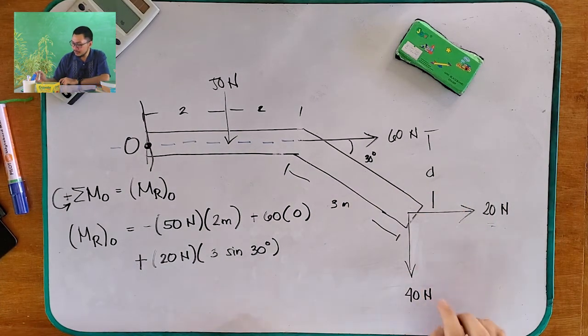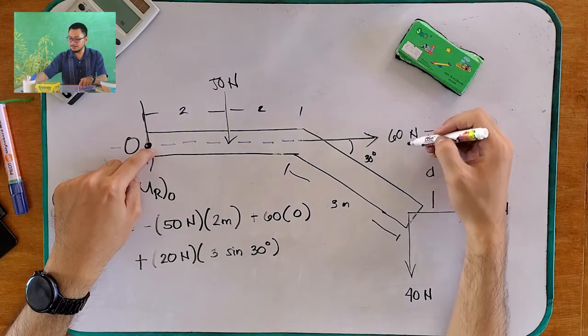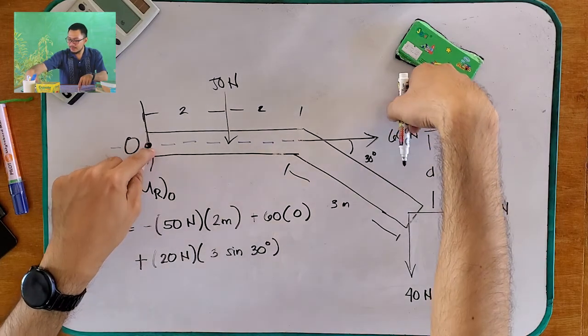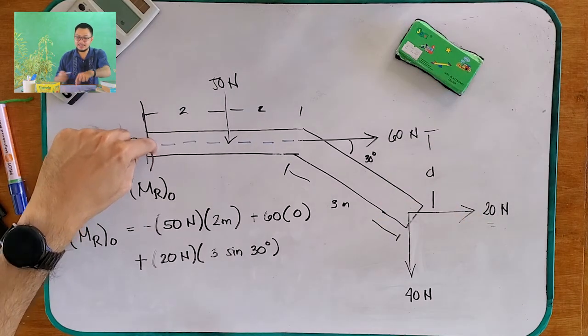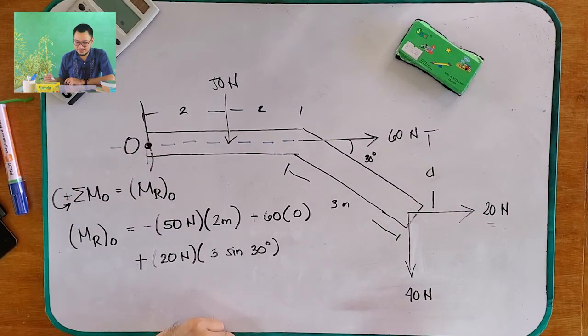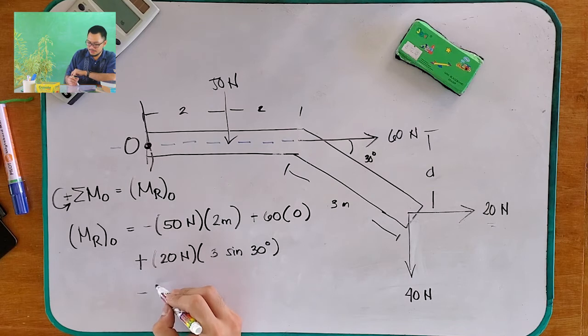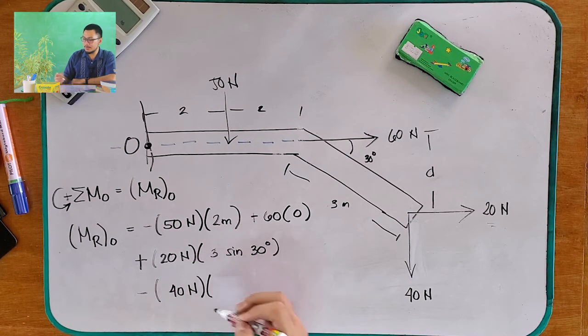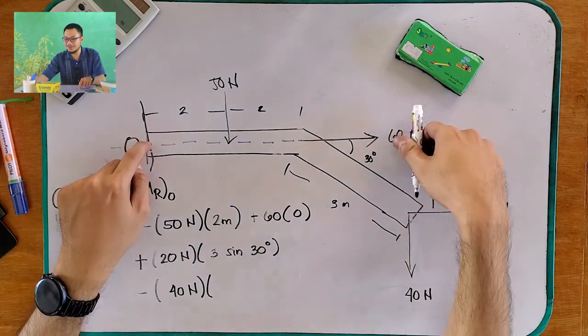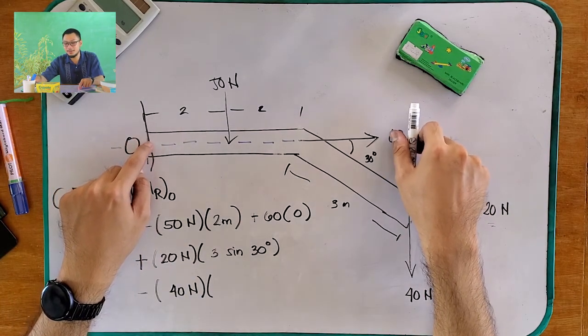And lastly, for your 40 Newton nga force, unsa man ni siya nga direction? This one is going that way. That is clockwise. So therefore, minus 40 newtons times unsa man nga distance? Oh, basta naglibog mo.